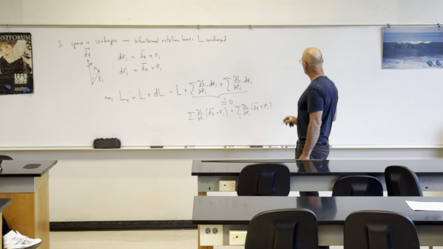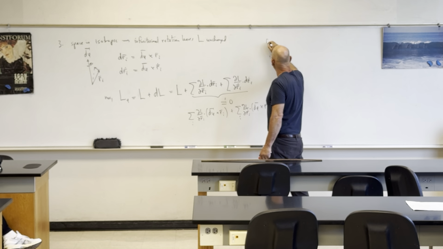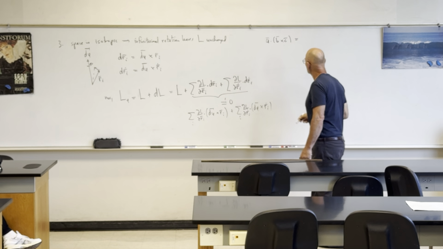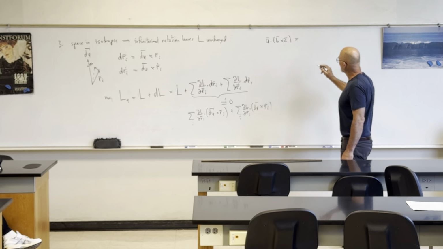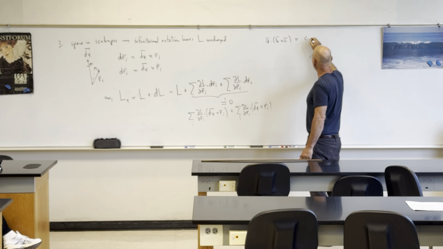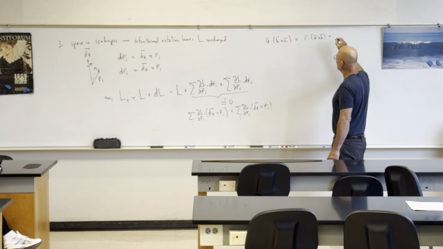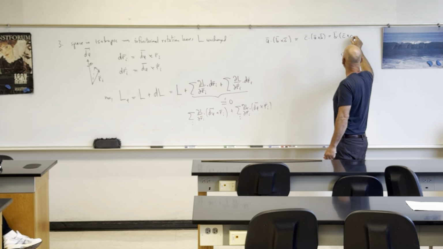And now we make use of A dot B cross C, the cyclic nature of this expression: we have C dot A cross B, and the one we want is B dot C cross A.